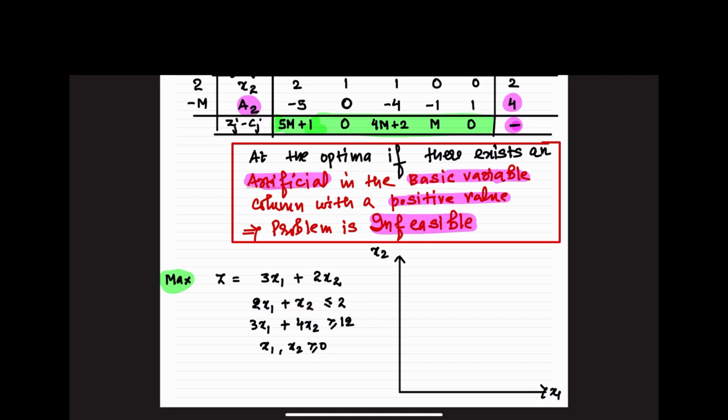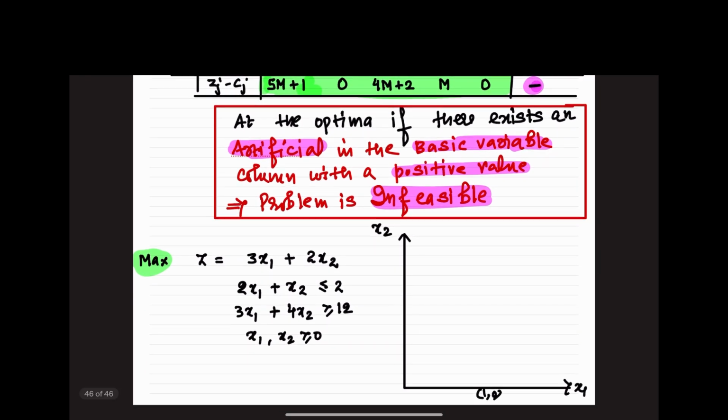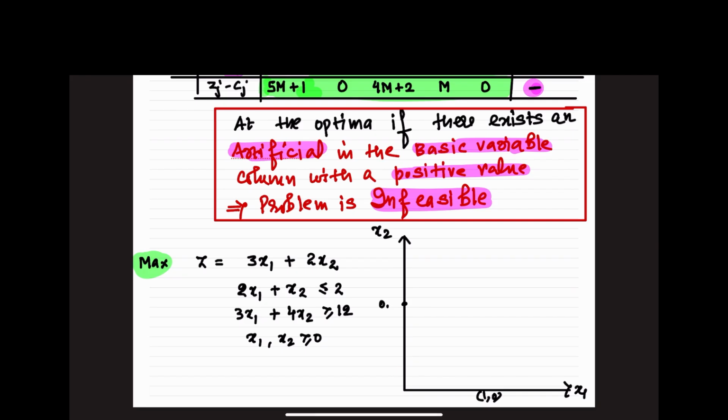X1 is 1. So this is 1 comma 0. If you put x1 as 0, x2 is 2. So this is 0 comma 2. For the second constraint, put x2 as 0. So what is x1? X1 is 4. So this is 4 comma 0. For this, put x1 as 0, x2 is in fact 3. 0 comma 3.